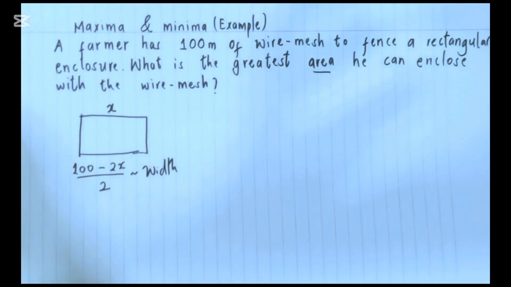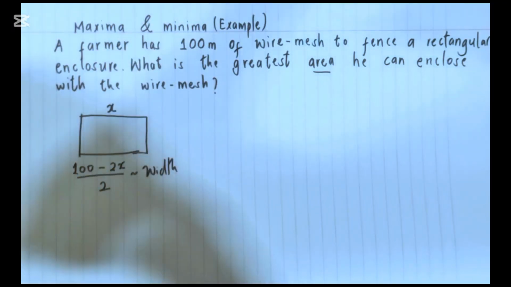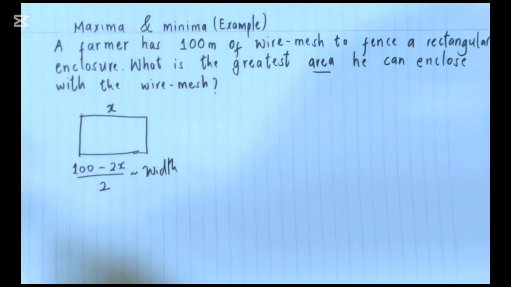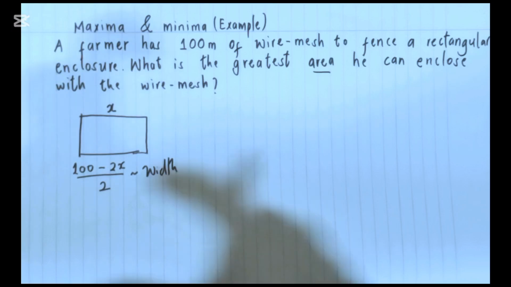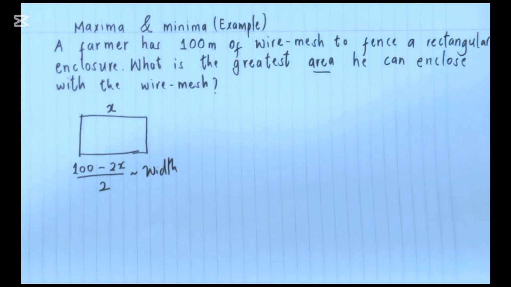So remember, we are first of all trying to get the dimensions of the rectangular piece of land. Then we can find a way of expressing the area of the whole land using a function from the dimensions that we'll have estimated using algebraic expressions.